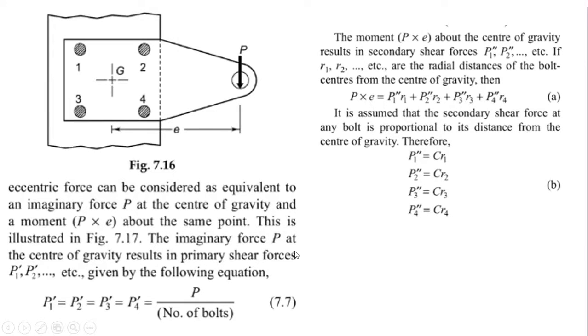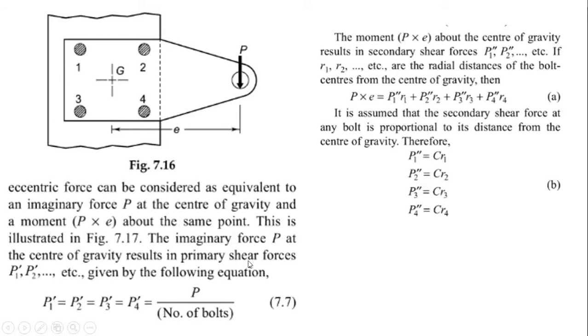Here the imaginary force P at the center of gravity results in the primary shear force. Because of this load, the primary shear force occurs in bolt 1, bolt 2, bolt 3 and bolt 4, taken as P1 dash, P2 dash, up to the number of bolts in the structure, given in the following equation.